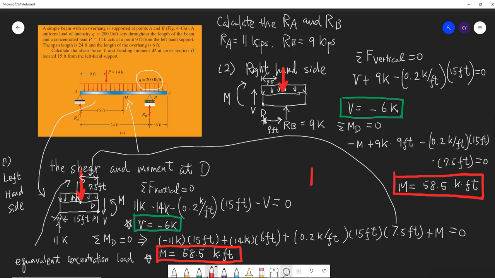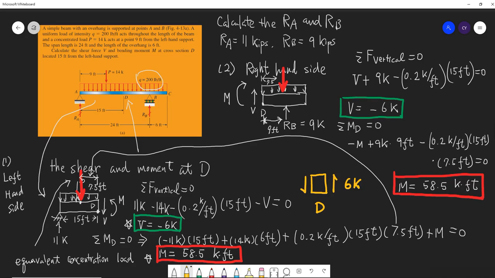This is the point D, and we have the shear. Because the calculated result is minus, the shear should be directed like this, 6 kips.